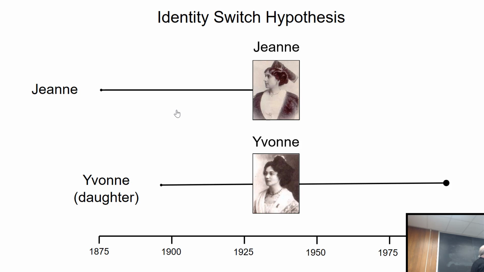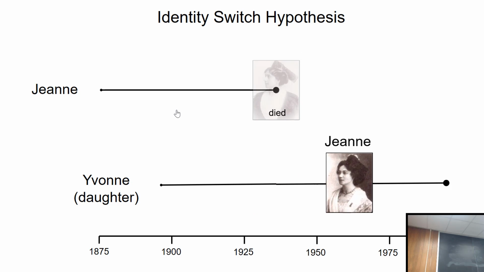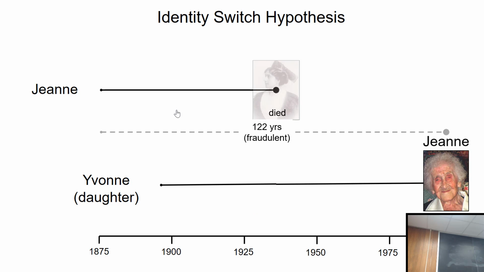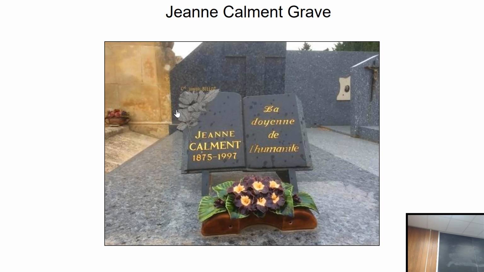Here's the switch hypothesis: in 1934 Jean dies, and then they switch, and Yvonne says now she's Jean, and then she goes on, and the idea here would be that this would be fraudulent.